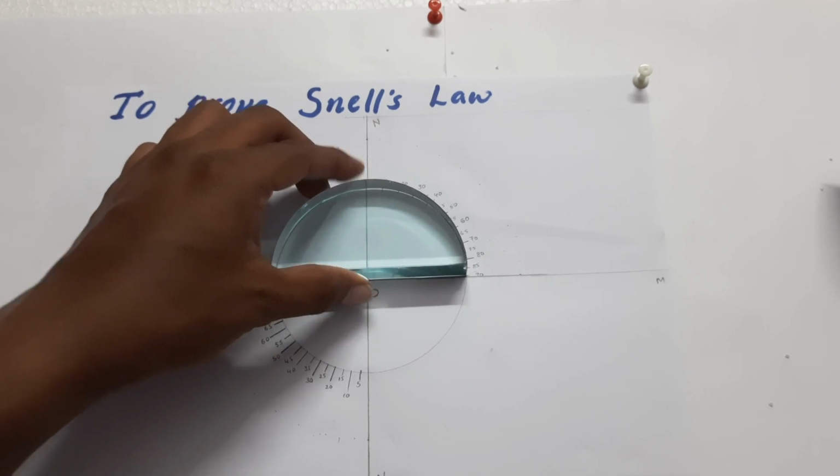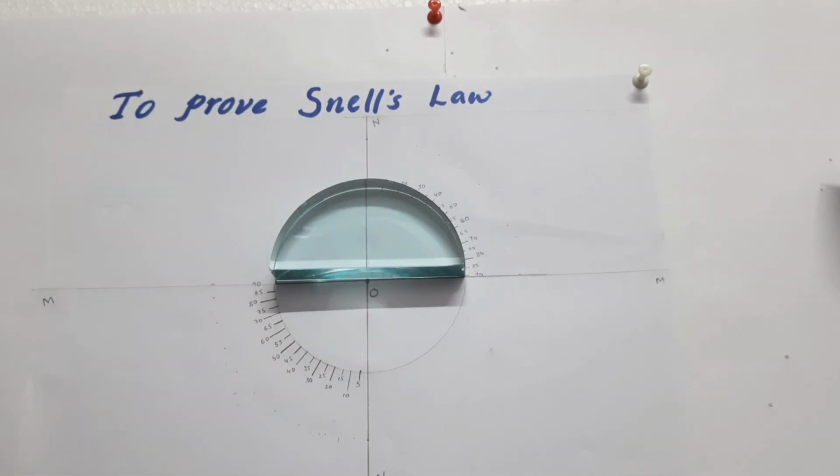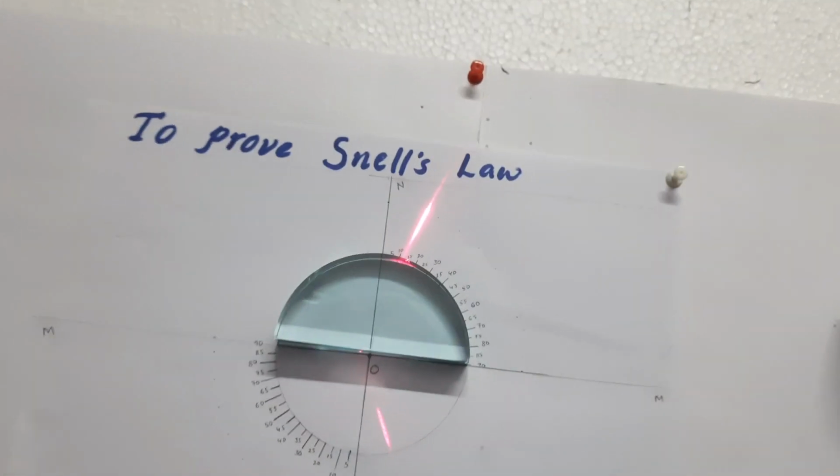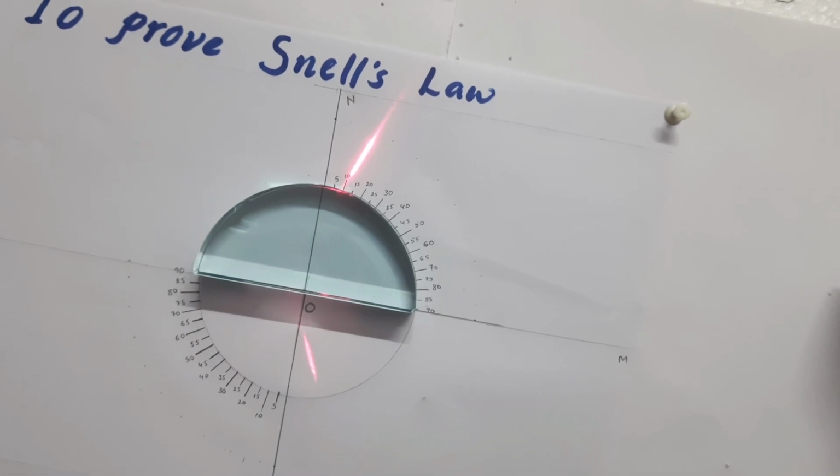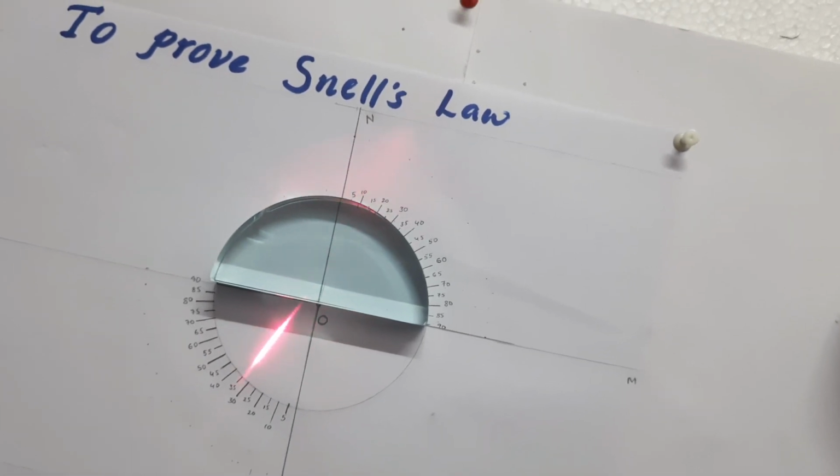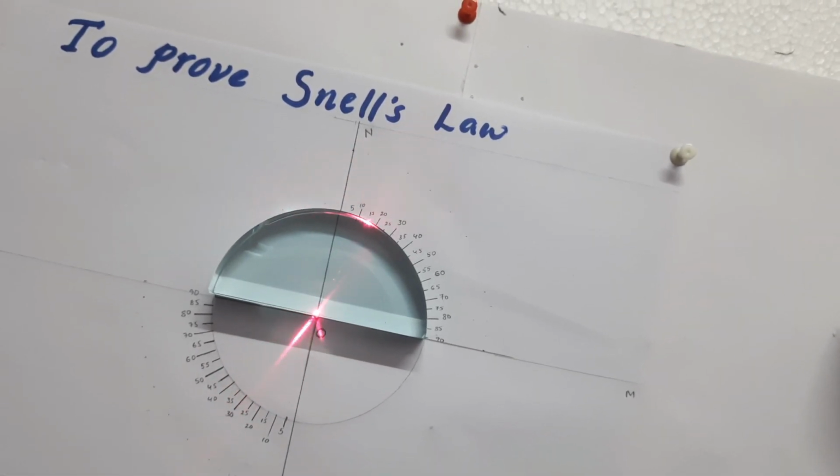But when the glass is placed, and if you observe, I am incident at an angle of 30 degrees. If you observe the angle of refraction, it is less than 30.